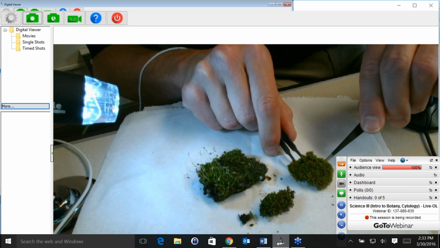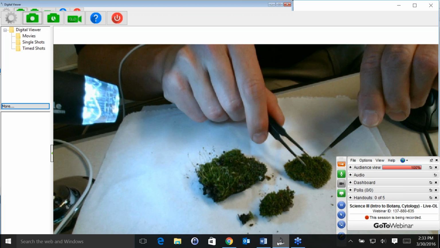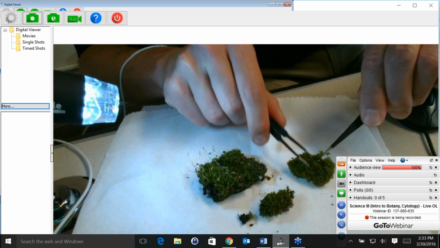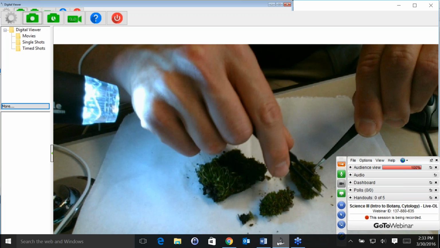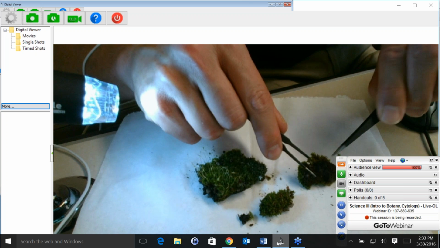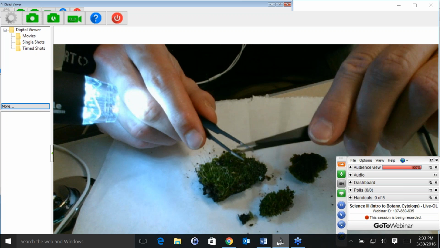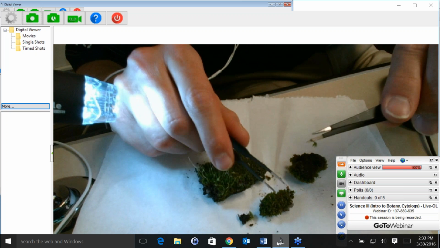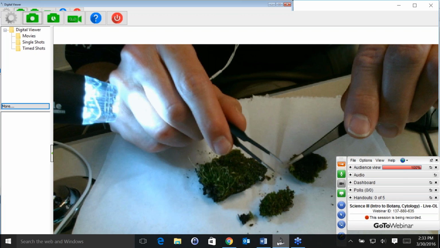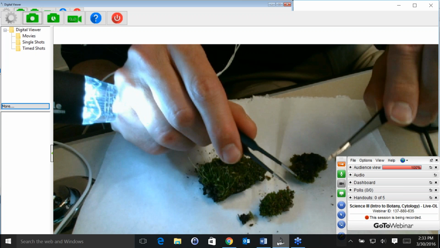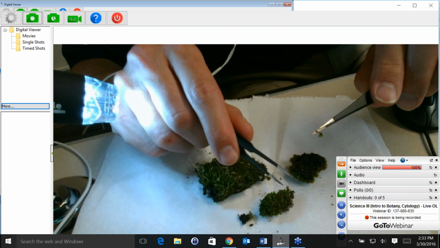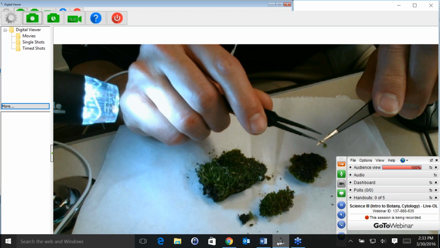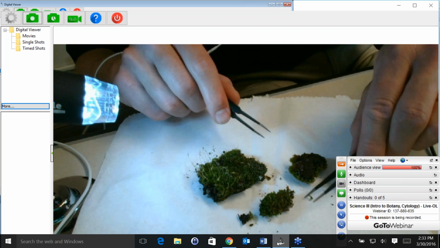Let me see if I can separate one. Okay, here we separated just one of them. You see there. Okay, there you see it on top of the needle there, right?